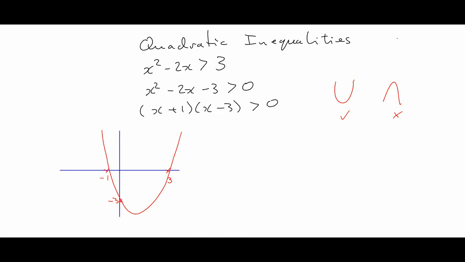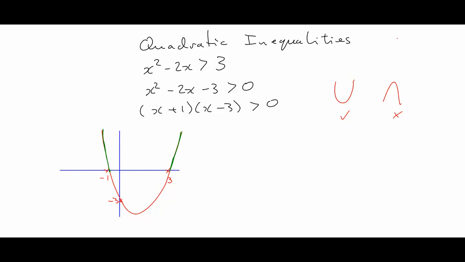Now, having drawn the curve, we can see where this graph is greater than 0 and where it's less than 0. It's greater than 0 where it is above the x-axis, where y is positive, and less than 0 below the x-axis, where the function is negative. So we want where it is positive, which is here and here.